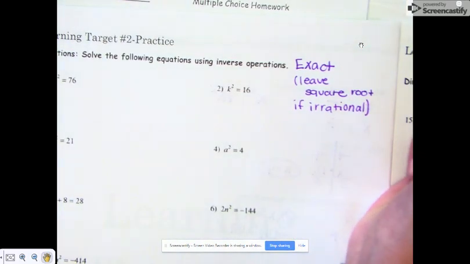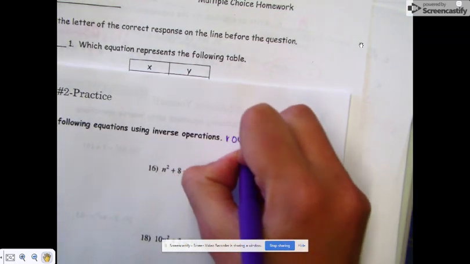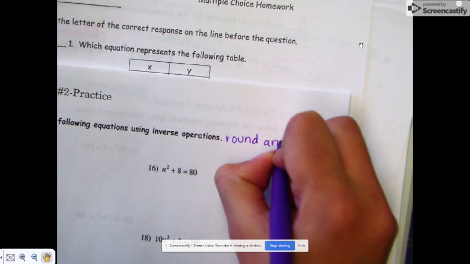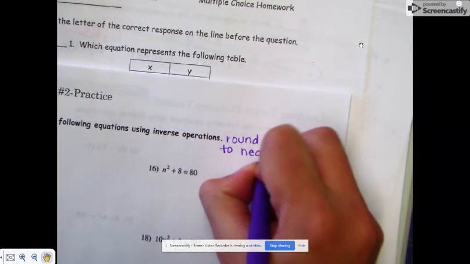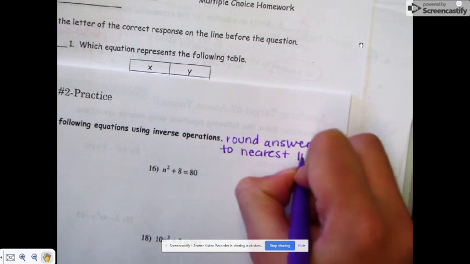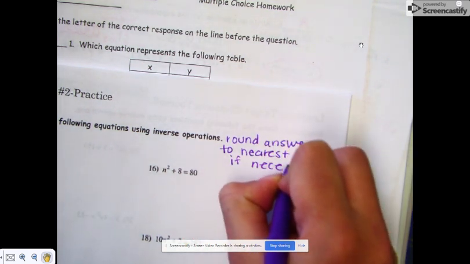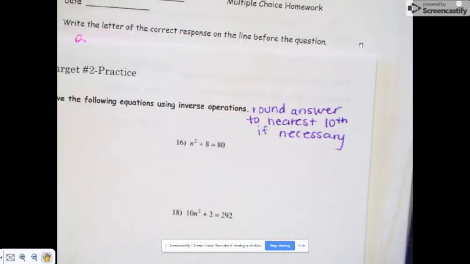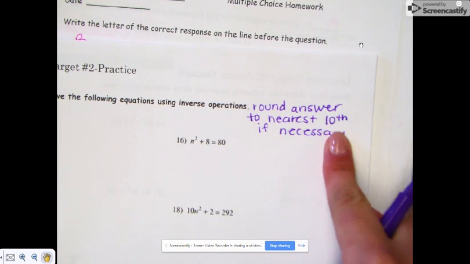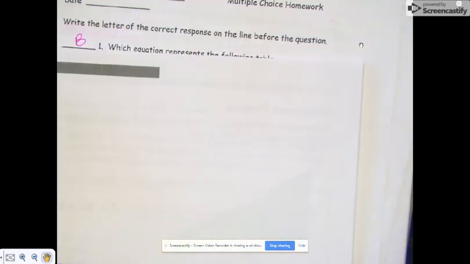For page 12, I'm going to have you round your answer to the nearest tenth if necessary. If you don't have to round, don't, but if you do, round to the nearest tenth. Finish pages 11 and 12, and then the assess yourself page, and then have the teacher check your answers.